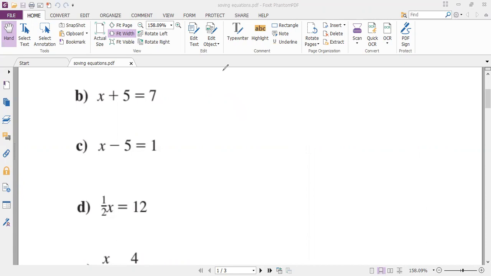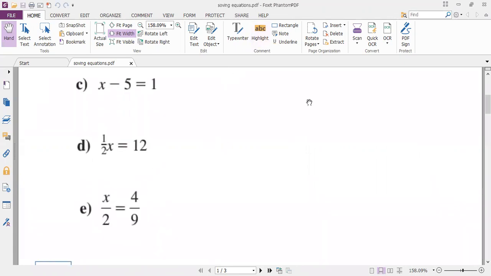So let's move to the next one. I have x over 2 equals 4 over 9. And in this example, I'll tell you 2 strategies we can follow to find x. The first one is by doing cross multiplication.